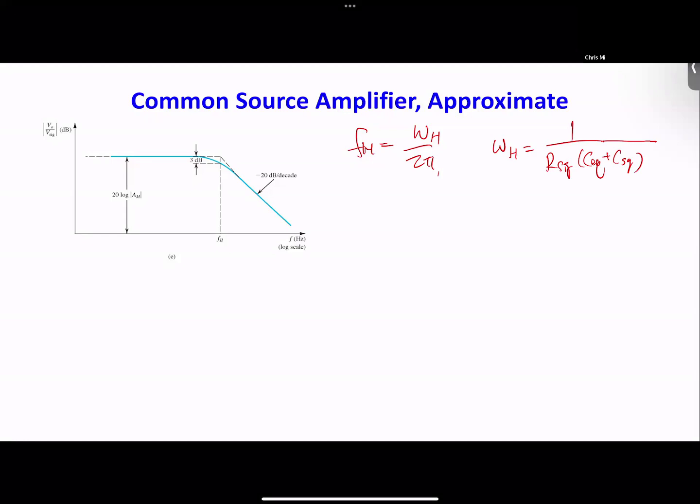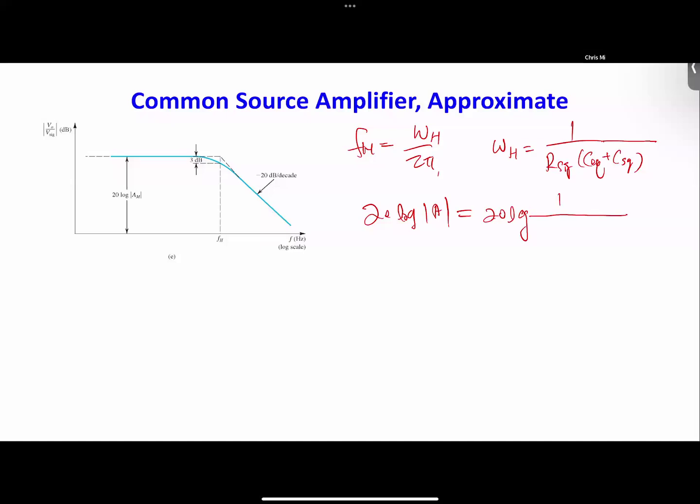So that's your FH. And then if you take 20 log, this is going to be like 20 log of 1 plus omega.